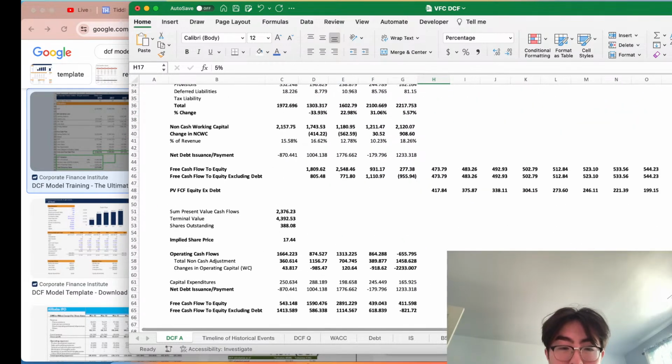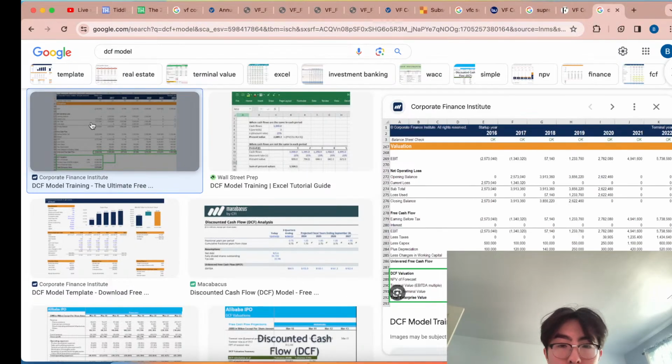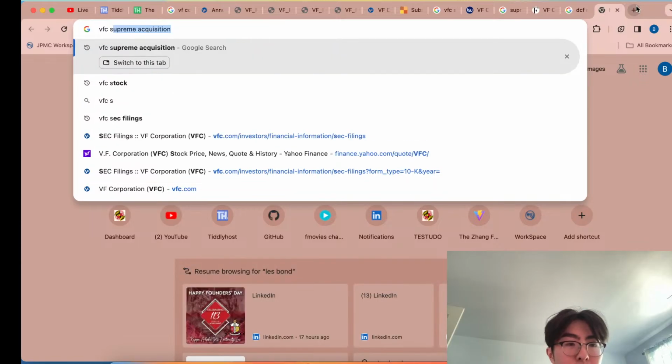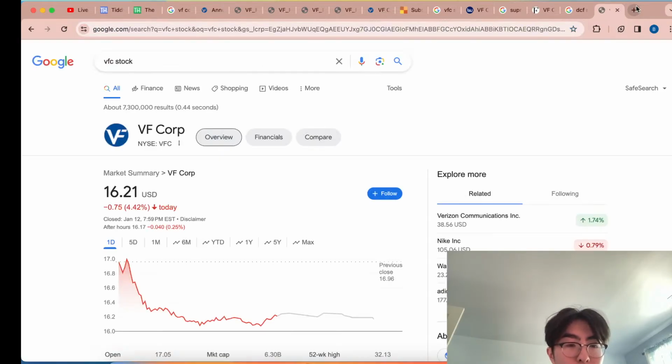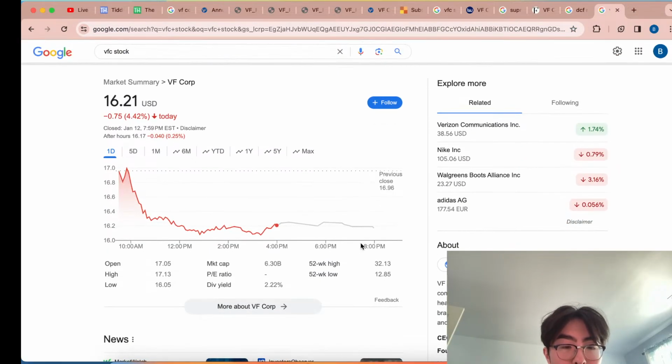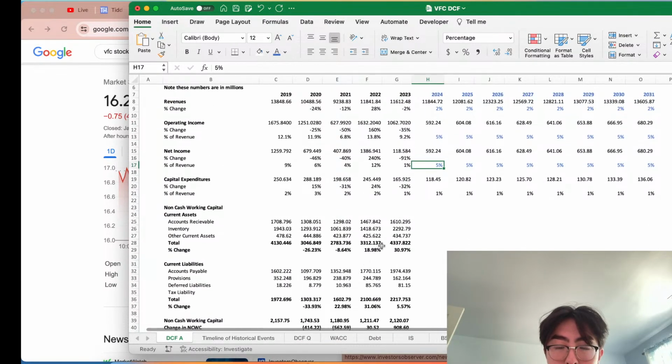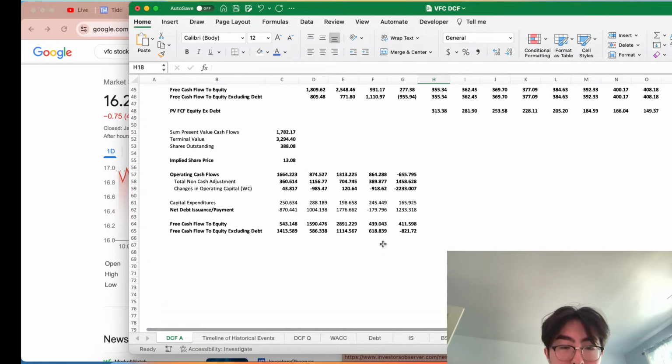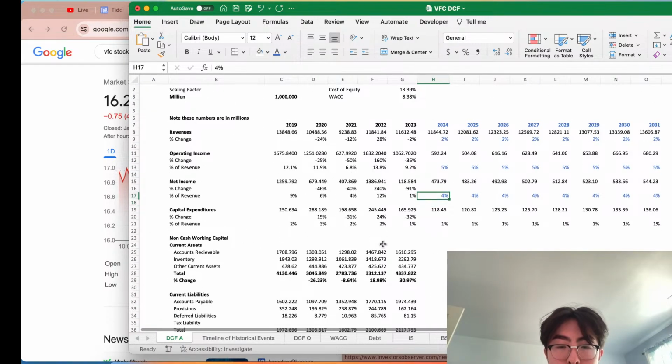I guess this is kind of what people are assuming today. Implied share price, wait. It's around 1621. $13, 4.5.